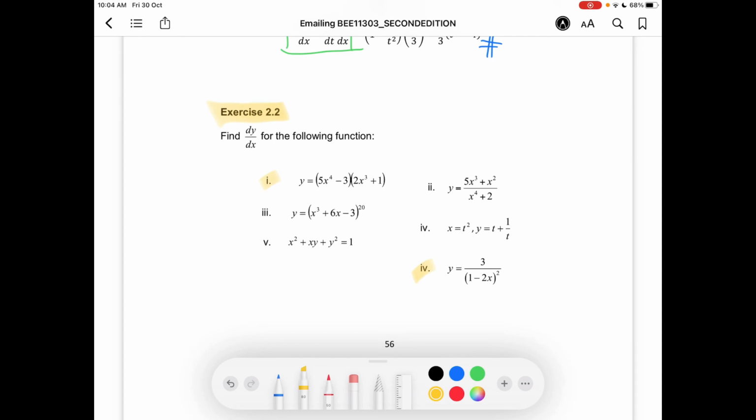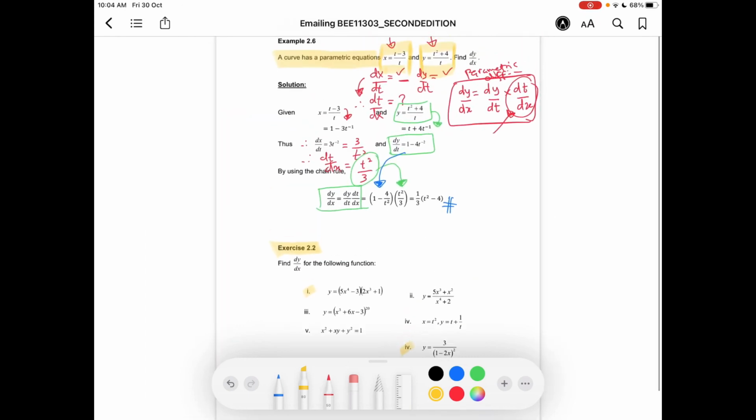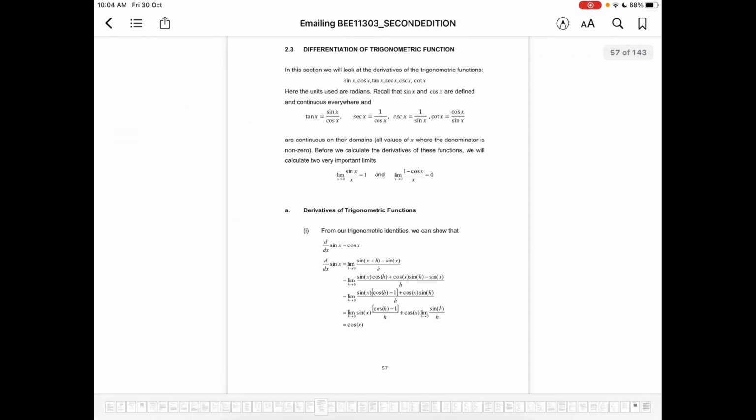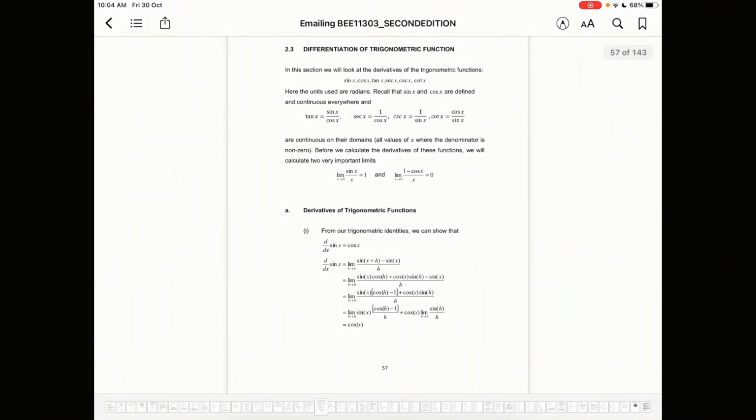Try to do it at home, and you can check your answers later on. I will give you the QR code for the answers for chapter 2 here. Alright, until next week, we will proceed with the next subchapter, differentiation of trigonometric, hyperbolic, and logarithmic functions.